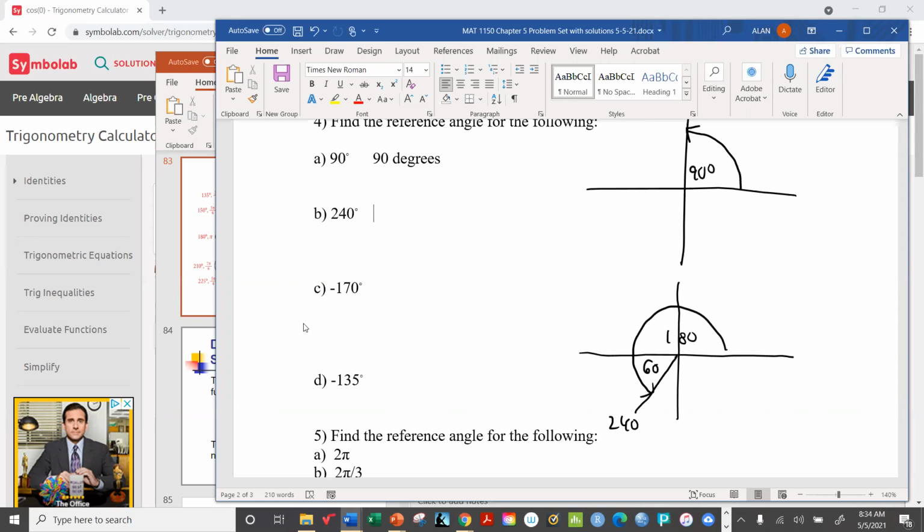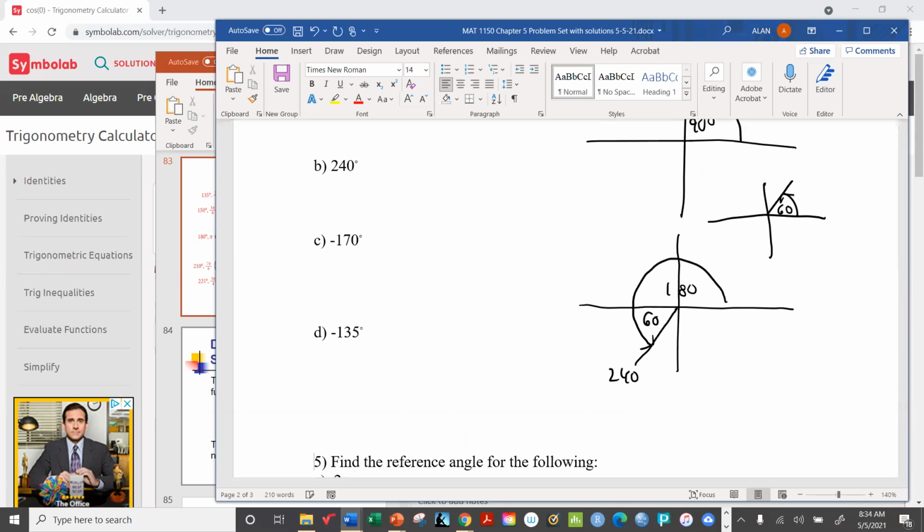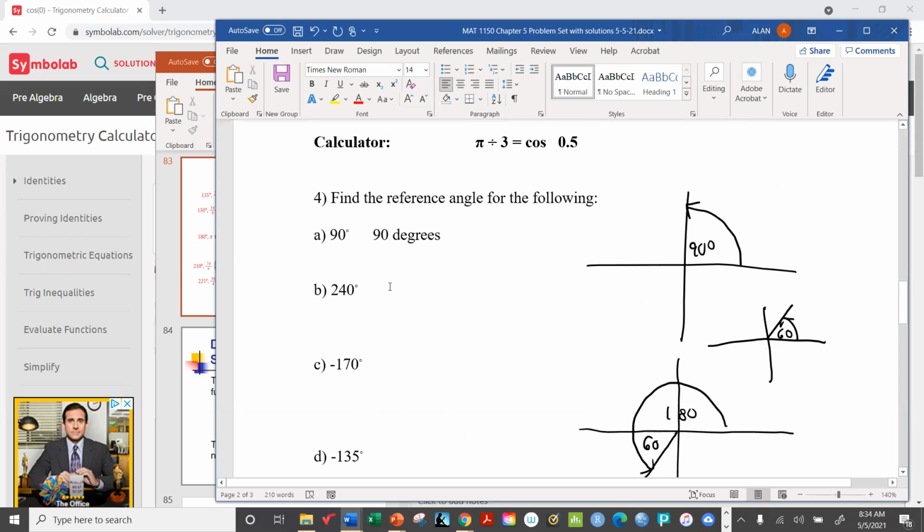But the point of this is that 240 represents 60 degrees in the third quadrant. So the reference angle is therefore 60. Okay, in other words, it's trying to get at the idea that we want to stay in the first quadrant. So we want to know the equivalent angle in the first quadrant that equals what we have.